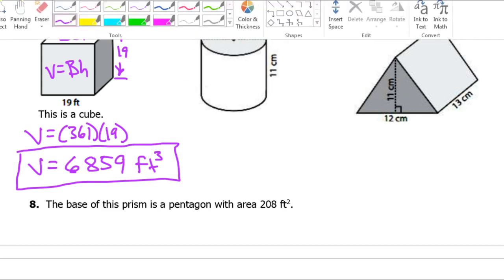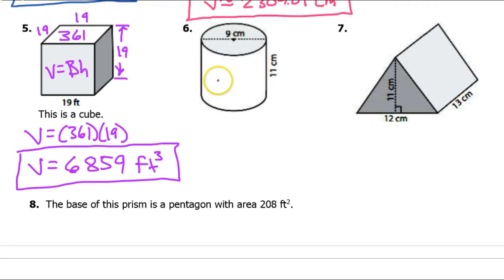All right, problem number 6. Well, guess what? Volume is equal to the area of the base times the height. The base is a circle, so I think I'm going to calculate that off to the side, all right? We know that the formula for the area of a circle is pi r squared. Now, the diameter is 9. So the radius is half of that, so that's going to be 4.5.